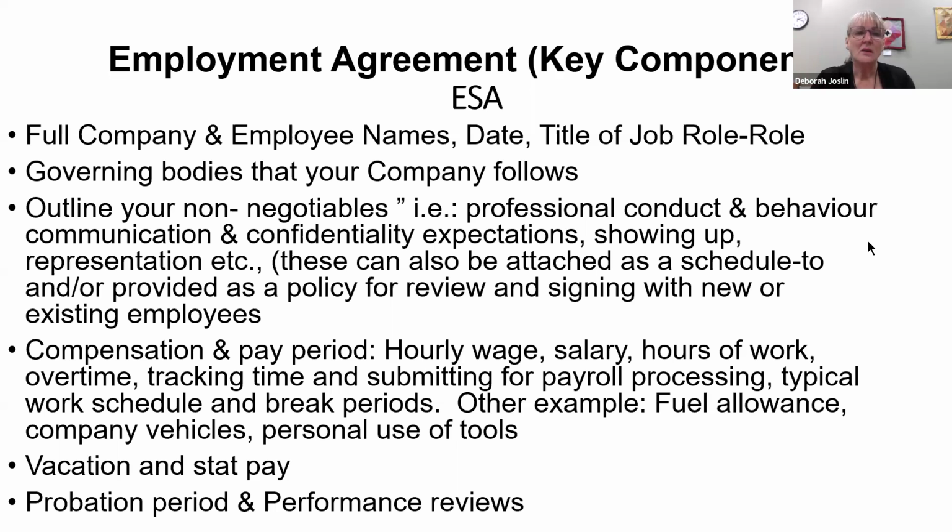Anyways, back to the employment agreement. A key component is to make sure that you outline your non-negotiables. Outline professional conduct and behavior, communication, and confidentiality expectations, and include things like showing up to work. If someone doesn't show up on the second day, or the third time that has occurred, then we put job abandonment.